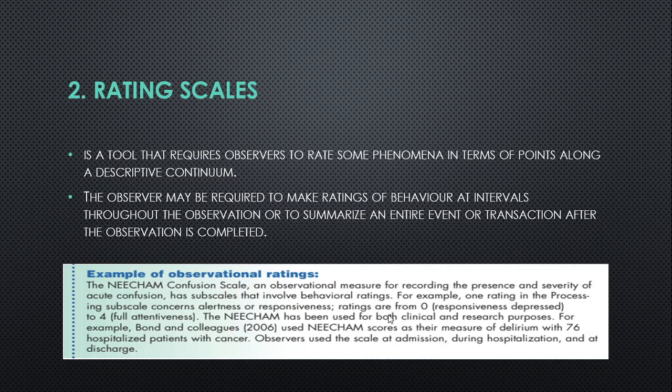Ratings are from 0 for responsiveness depressed to 4 for full attentiveness. The said scale has been used for both clinical and research purposes. For example, Bond and colleagues in 2006 used this scale's scores as their measure of delirium with 76 hospitalized patients with cancer. Observers used the scale at admission, during hospitalization, and at discharge.